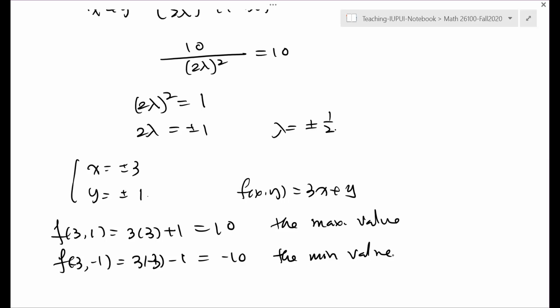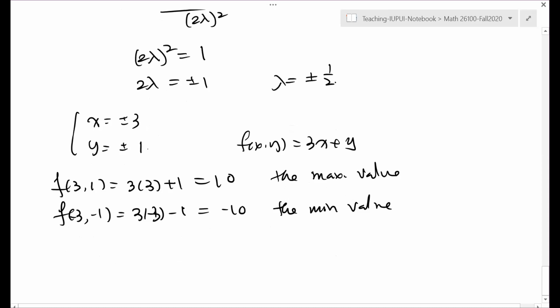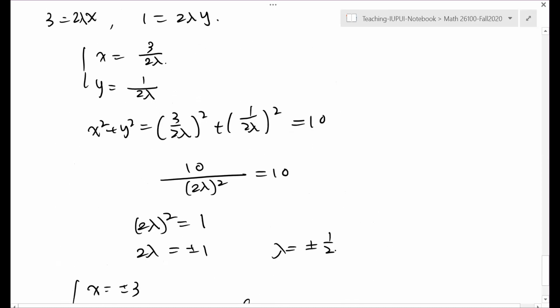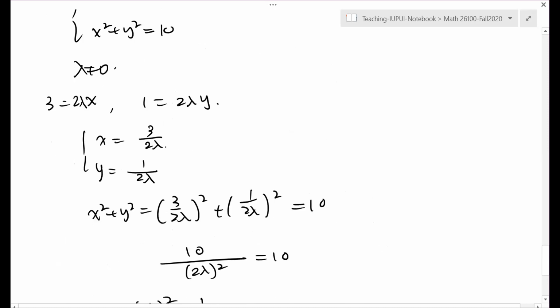And if the function has a local minimum value somewhere on the circle, then that point also is one of the solutions. So you have two points, you compare those two values, and one must be the maximum value, one the minimum. I think algebraically it's much simpler when you solve the algebraic equations.